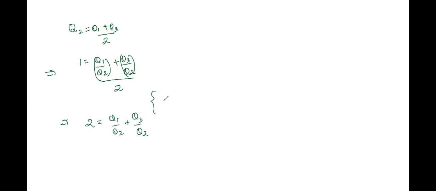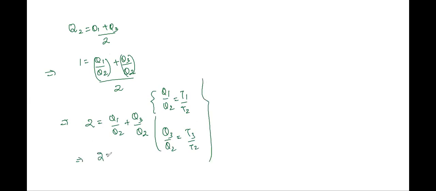Since Q1 upon Q2 is T1 by T2, and since Q3 by Q2 is equal to T3 by T2, substituting we get 2 is equal to T1 by T2 plus T3 by T2, and therefore T2.